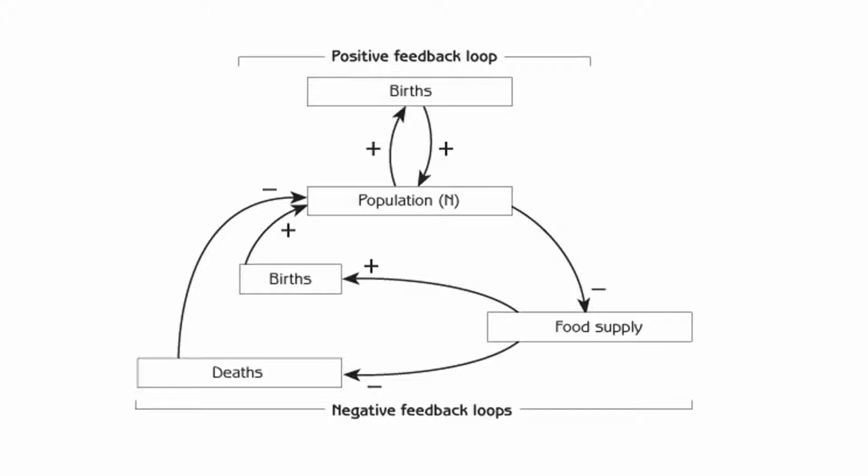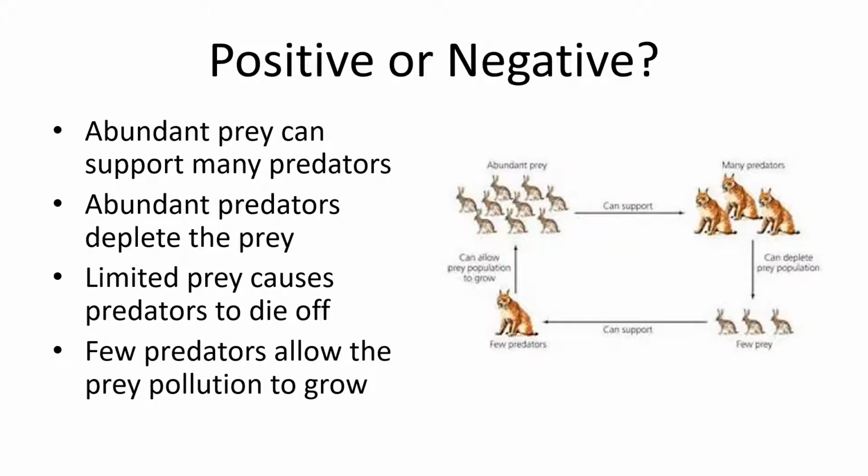So let's look at a couple of examples to see if you're clear on this. There's an abundant prey species, they can support a lot of predators. And if the predators deplete this prey species, then the food supply is down, which means the predators die off.